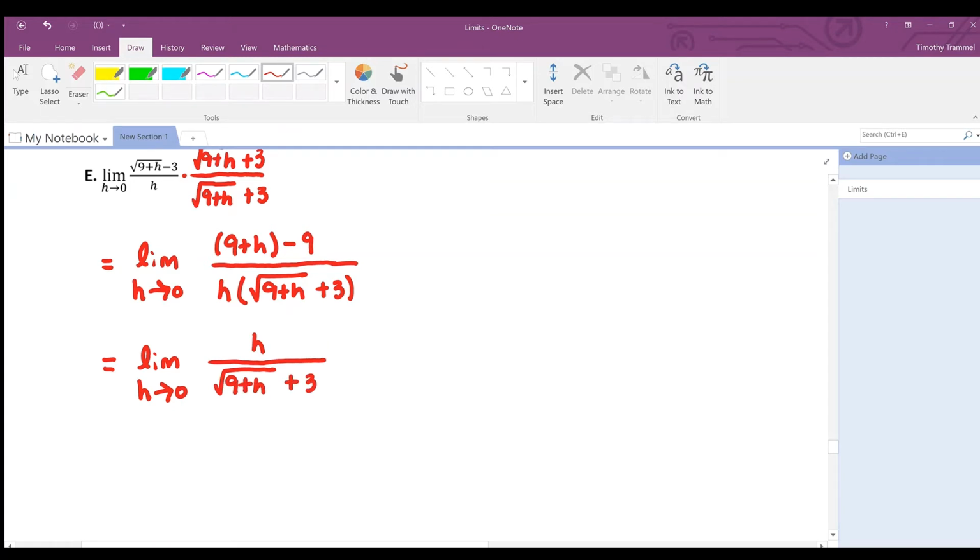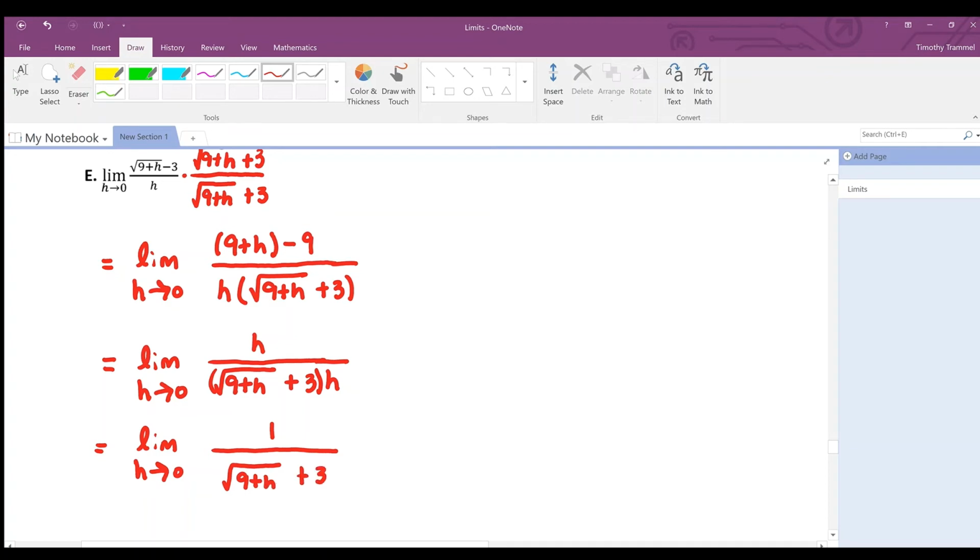And I started to write this without the h in the denominator, and the reason for that is this h here is going to cancel. So this becomes the limit as h goes to 0 of 1 over the square root of 9 plus h plus 3.